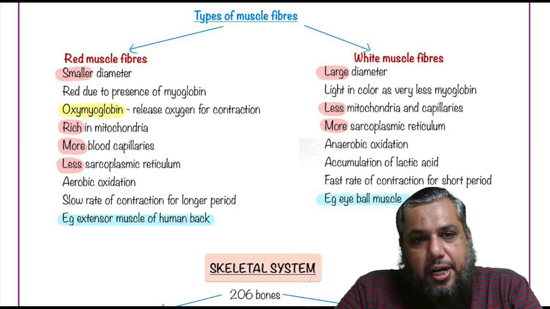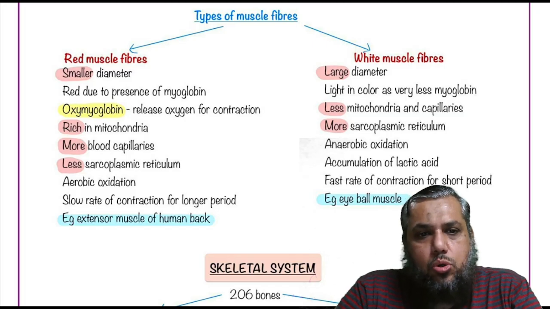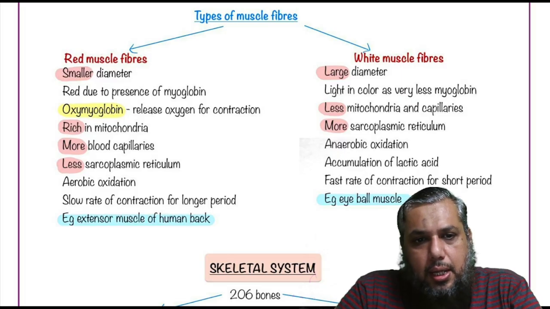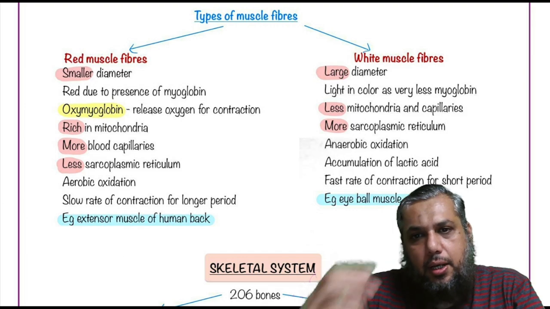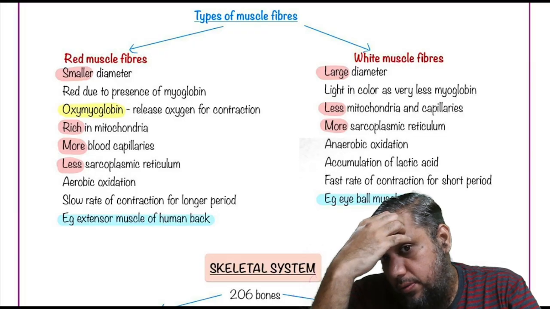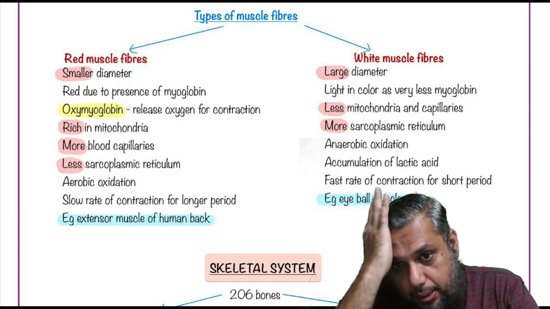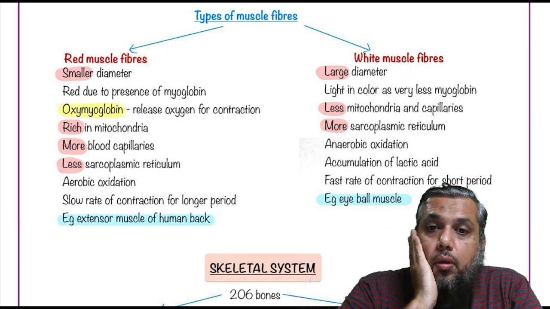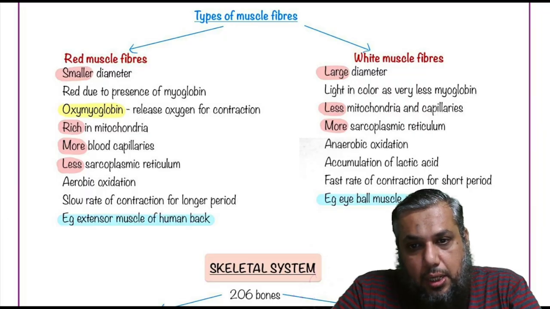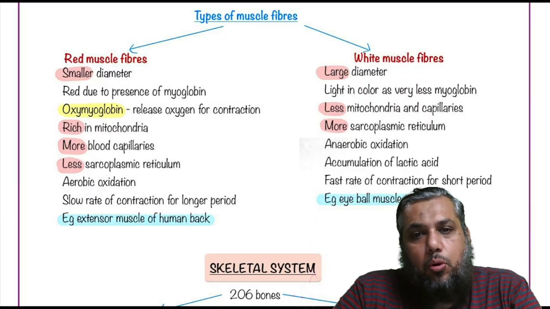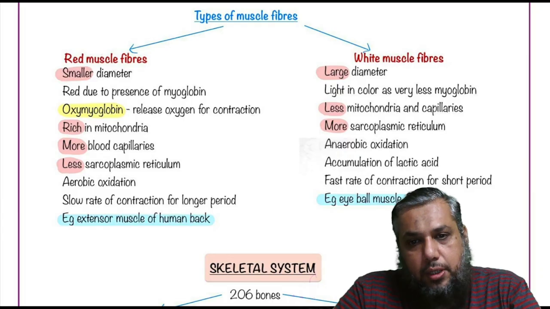So it is a red muscle fiber. It has got more blood capillaries and it undergoes aerobic oxidation. It can undergo slow rate of contraction for a long period of time. In comparison, there are white muscle fibers. Their diameter is larger but they have no myoglobin or very little, so they have to rely upon anaerobic respiration for their contraction.